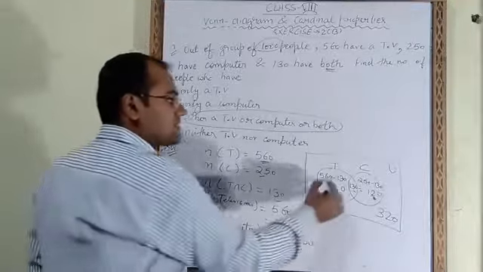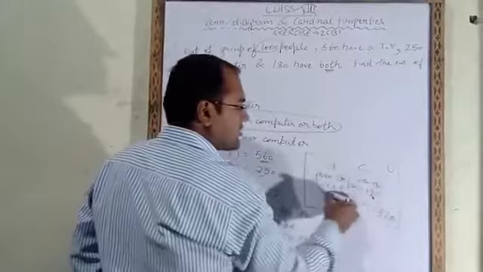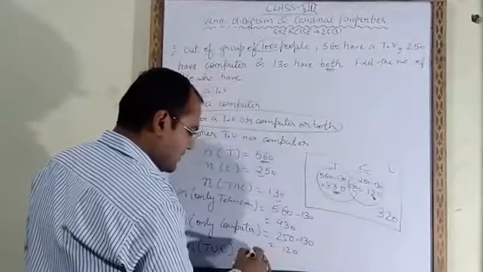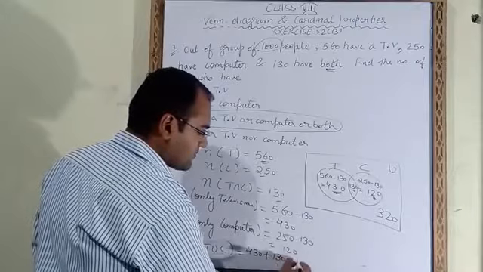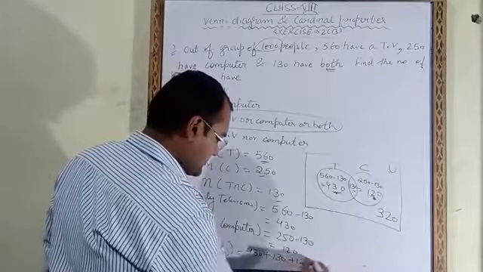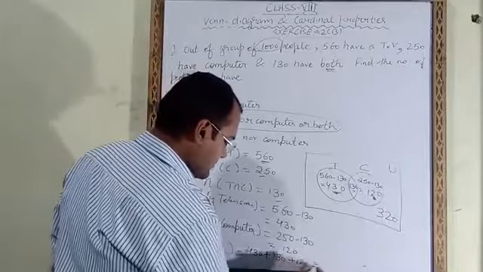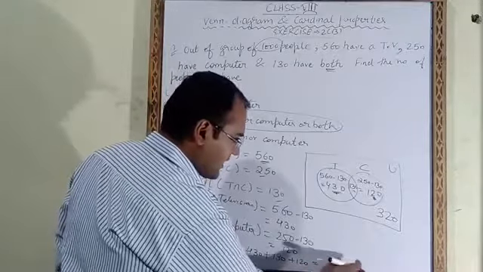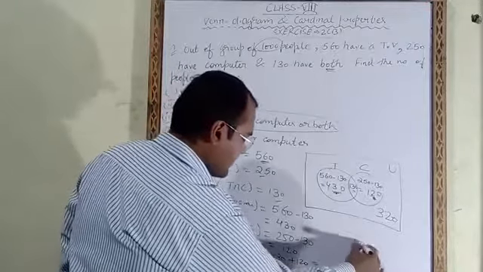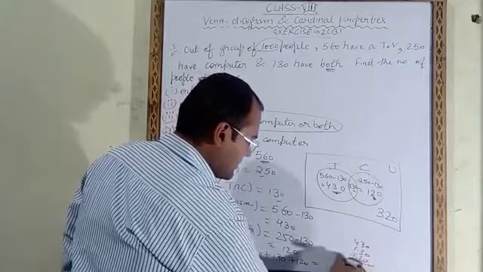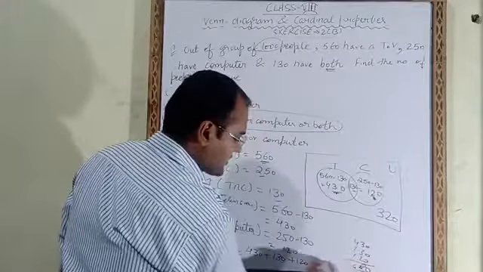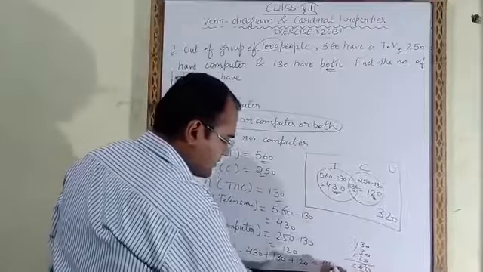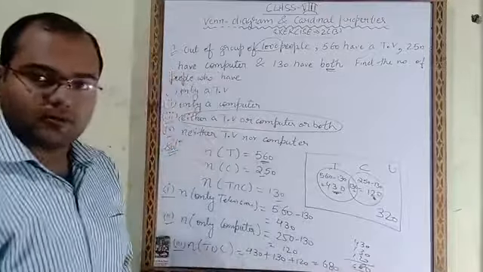Union means both the circles. That means 430 plus 130 plus 120. When we add it, the answer will be 680. So this is the answer of the third part.